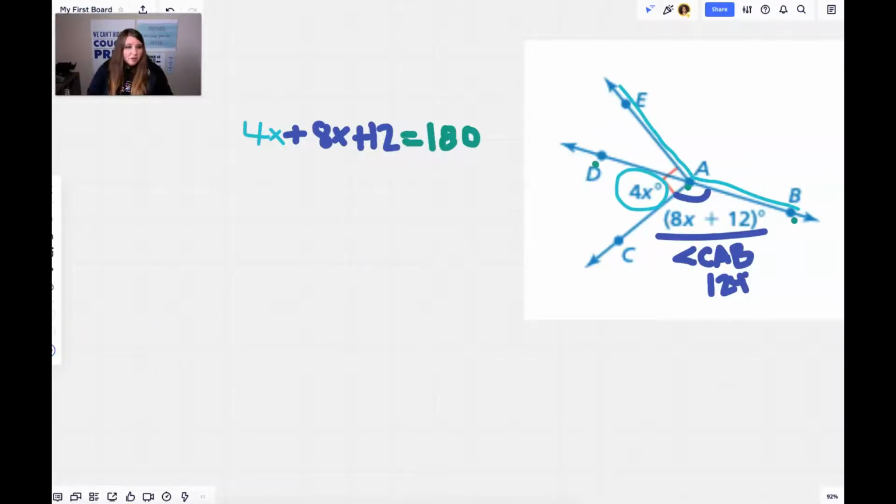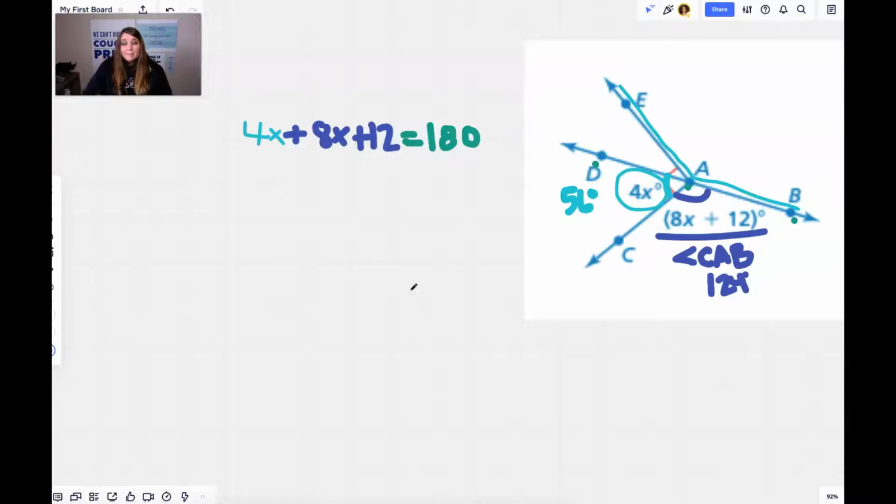And over here, we found that this angle right here, angle DAC, was 56 degrees. Okay, so we have found two angles.